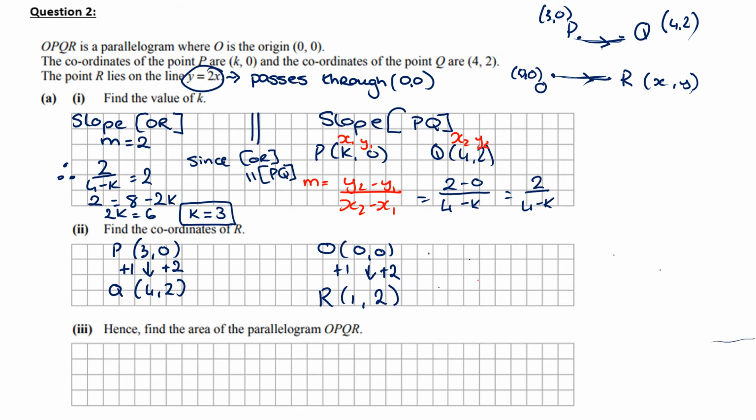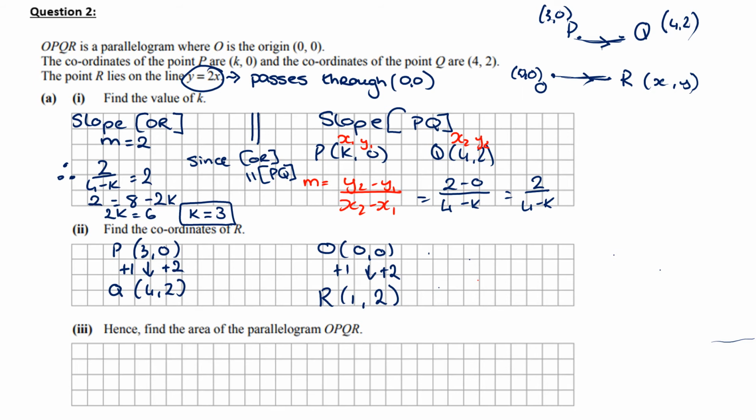So it then says, hence find the area of the parallelogram OPQR. Now, the base by the perpendicular height is how we would work out the area of a parallelogram using traditional methods. However, remember that sometimes there may be an easier way, given we're not working in just lengths, we're working in coordinates. So if you take a look, one of our points is 0, 0.